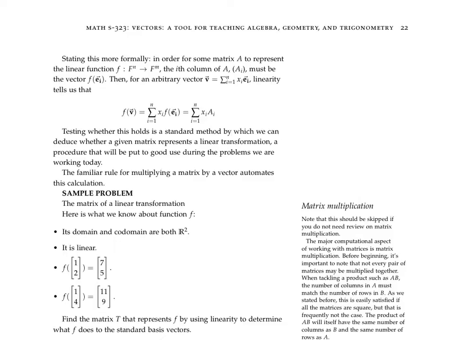What this means is that for any arbitrary vector v that can be represented as a sum of scalar multiples of standard basis vectors, linearity tells us that the function acting on the vector v is actually equal to each of the scalar multiples of the function acting on the appropriate standard basis vector. And when the function acts on the ith standard basis vector, it extracts the ith column of the matrix A.